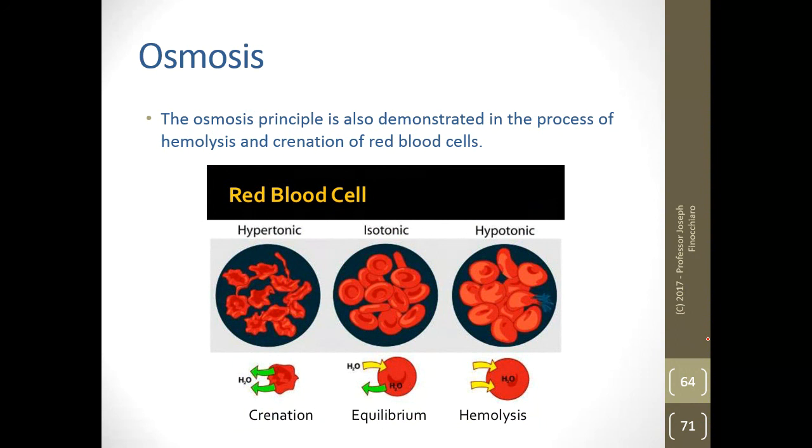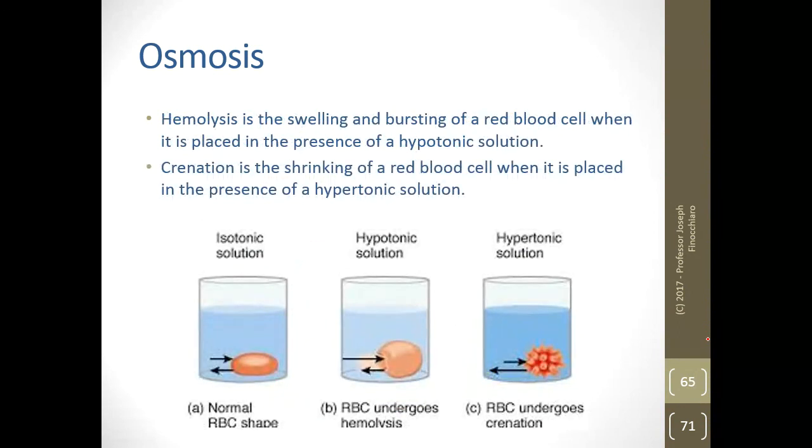Okay, not creation, but crenation. Hemolysis is the swelling and bursting of a red blood cell when it is placed in the presence of a hypotonic solution, whereas crenation is the shrinking of a red blood cell when it is placed in the presence of a hypertonic solution.